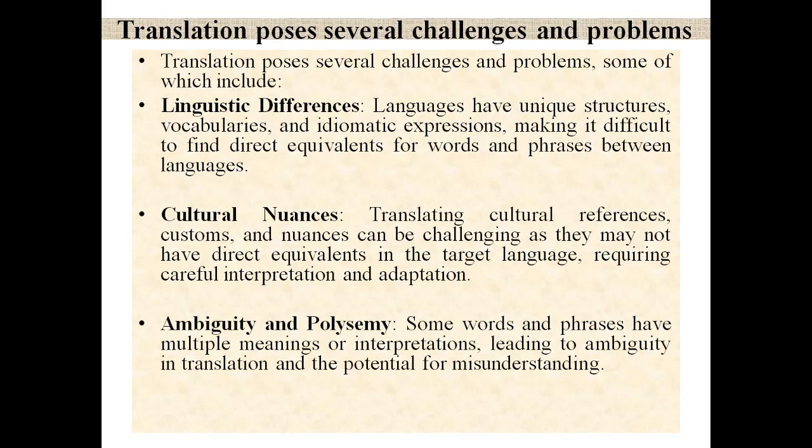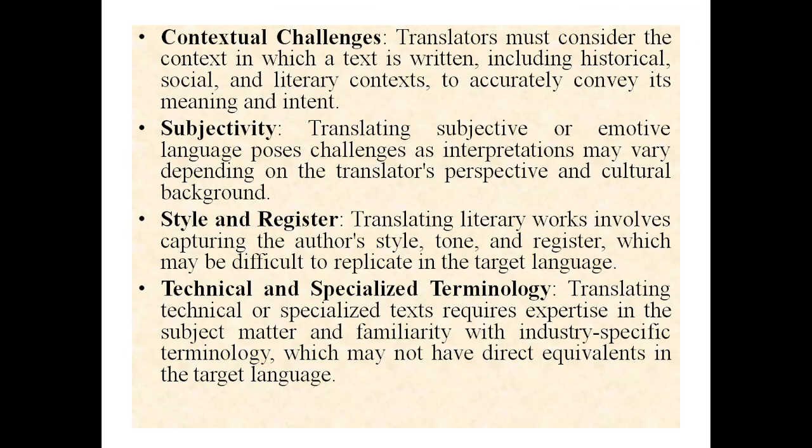So there are many words which have multiple meanings or different interpretations. The same word may be considered obscene in one language, while in another it is considered acceptable. So you can understand there are so many words according to their culture.